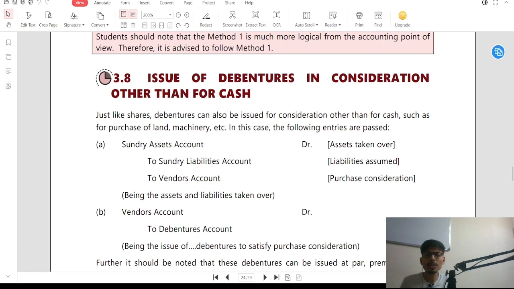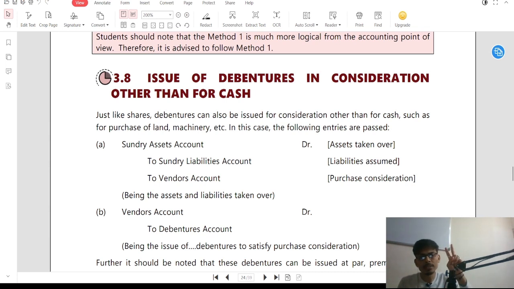If I issue the debenture, you, by receiving my debenture, will benefit, as in future the debenture value will increase.